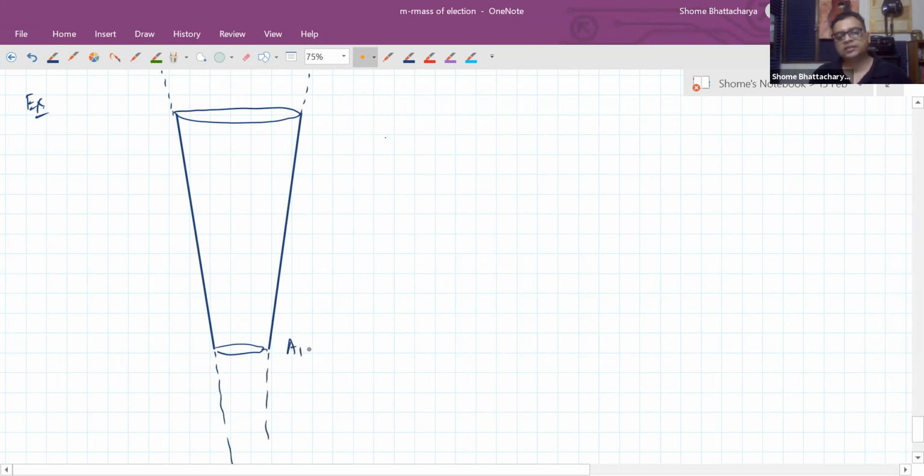At this point, the area of cross section is 2 centimeters square. At this point, the area of cross section is 4 centimeters square, and there is water in steady flow.